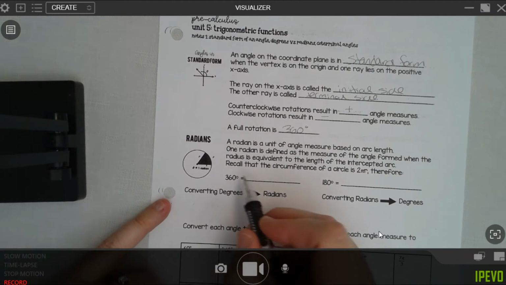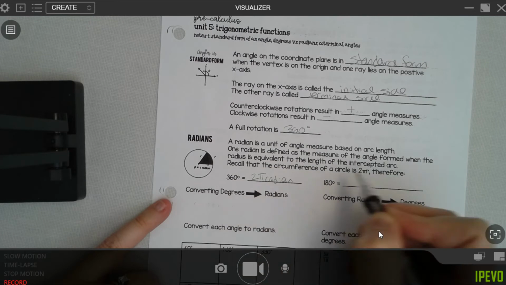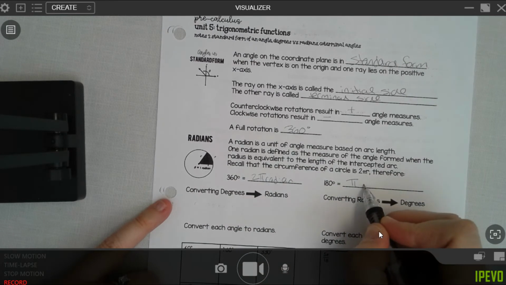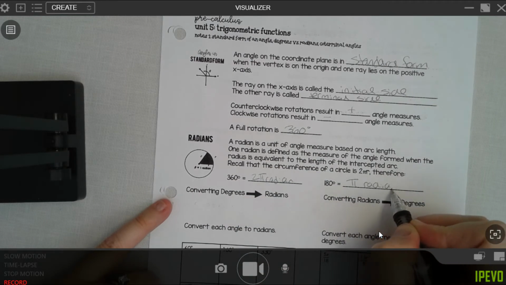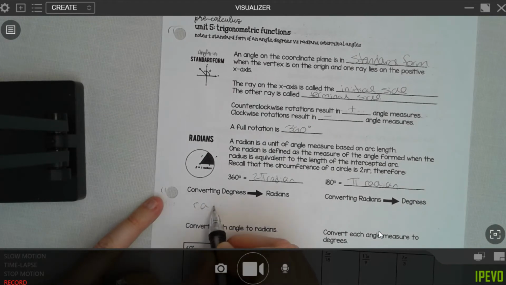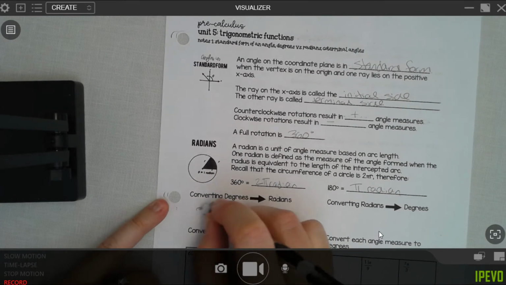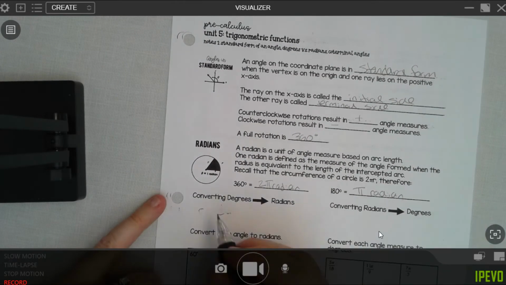So 360 degrees is the same thing as 2 pi radians, which means 180 is equal to 1 pi radians. So that tells us how to convert between degrees and radians.